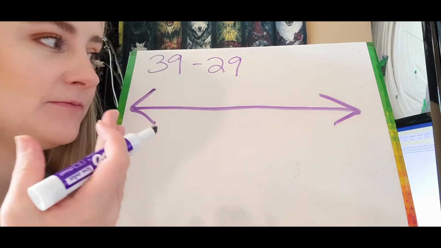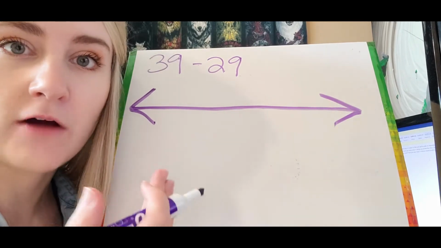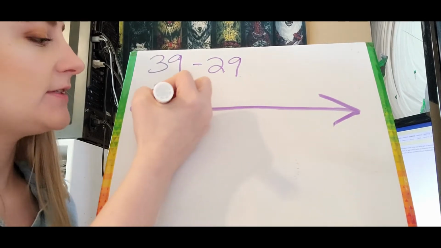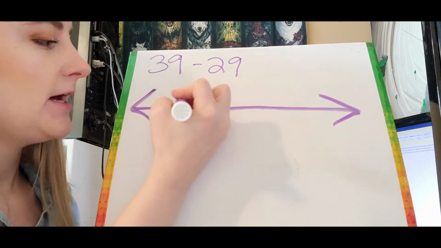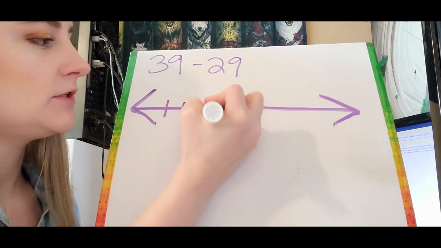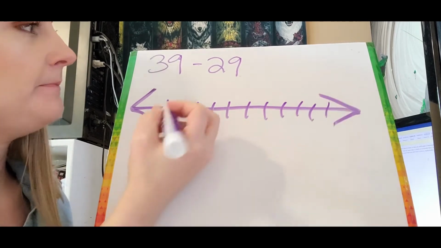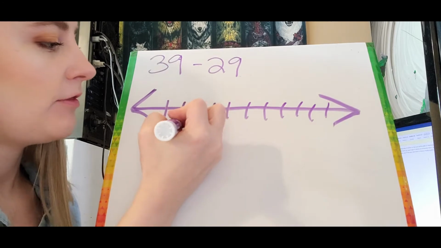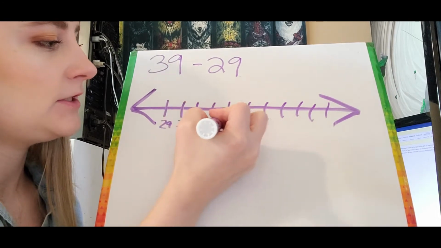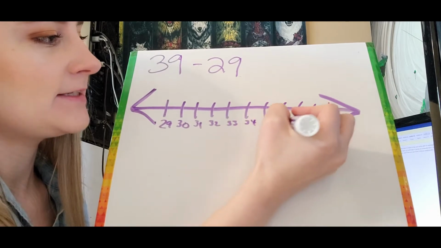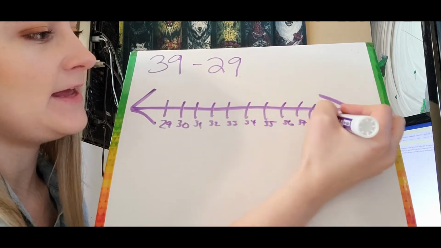You can use the number line so often that they know how to draw one themselves. So let's see, we've got 29, 30, 31, 32, 33, 34, 35, 36, 37, 38, 39.